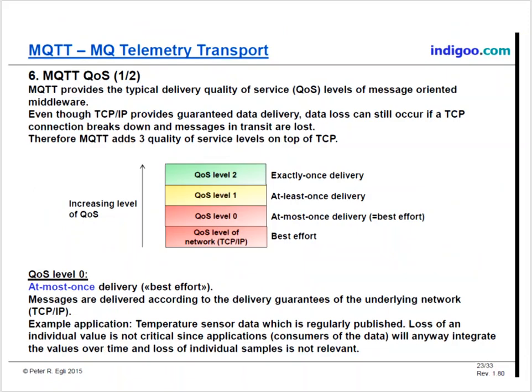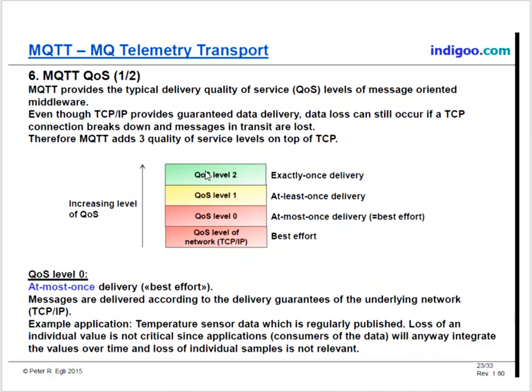The other feature in MQTT is that there are different quality of service levels. It means that it could be a quite light protocol, or it could be a very reliable protocol.